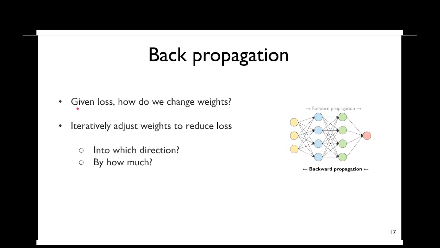Now, we have swept forward through the network. There's also a direction backward. And this back propagation we use to adjust the weights. So given a certain loss that we have computed, so given a certain error that we find, how can we change the weights to reduce that error? And the two key questions in this context are into which direction to change the weights and by how much.